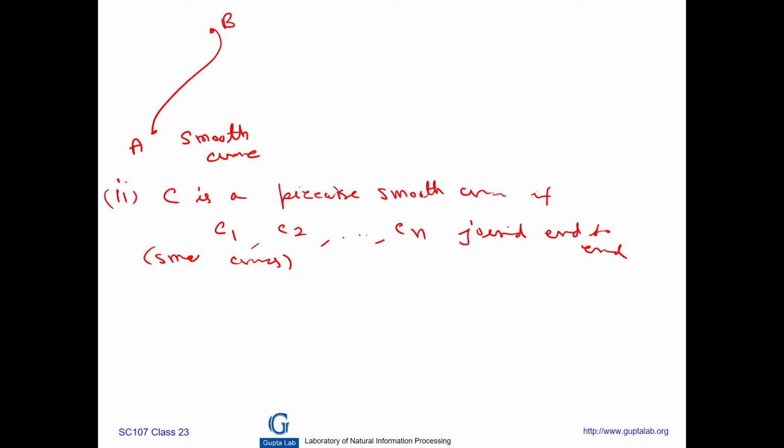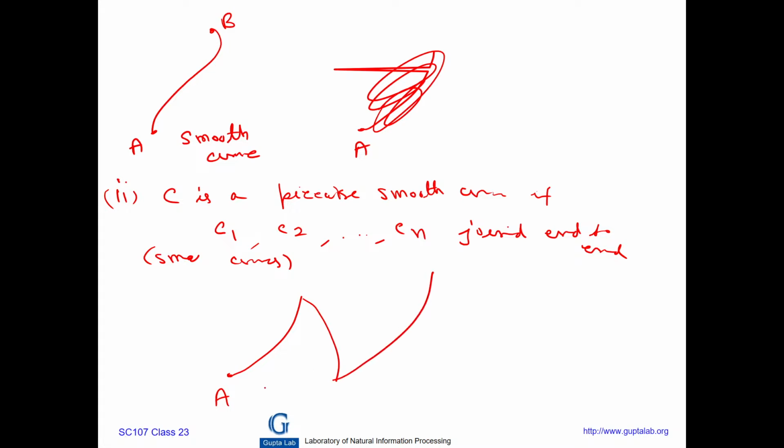As an example, starting from A, and this is your end point B, we have C1, C2, C3. It is piecewise smooth, so each piece is smooth.